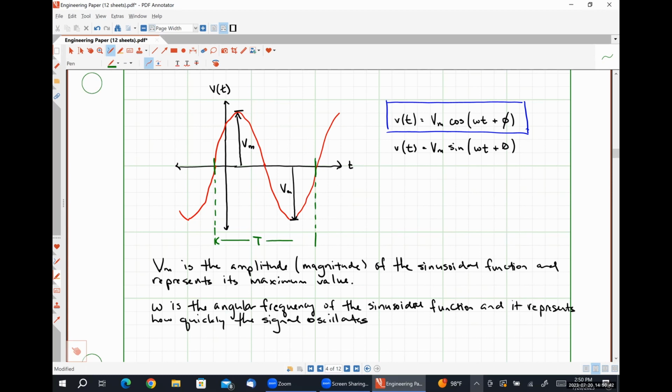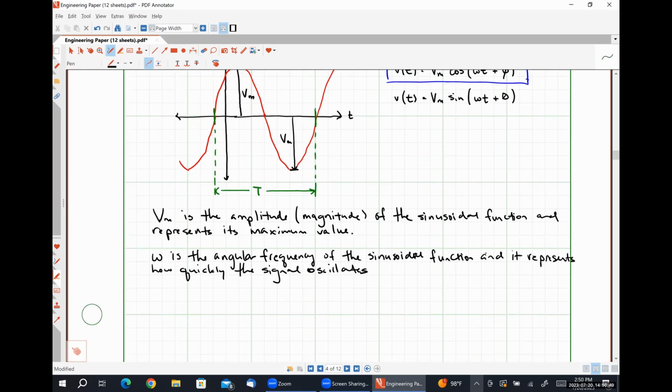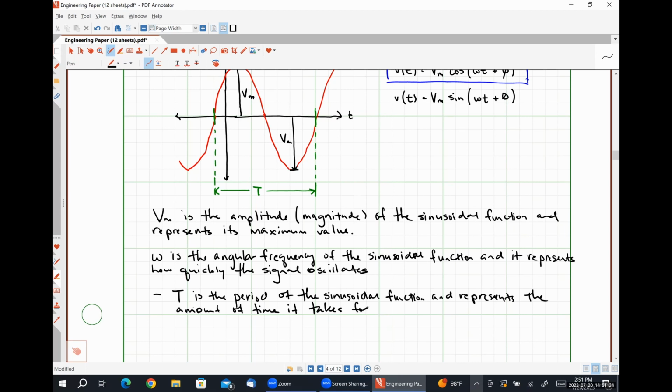The symbol for the period is capital T. So capital T is the period of the sinusoidal function and represents the amount of time it takes for one cycle to occur.